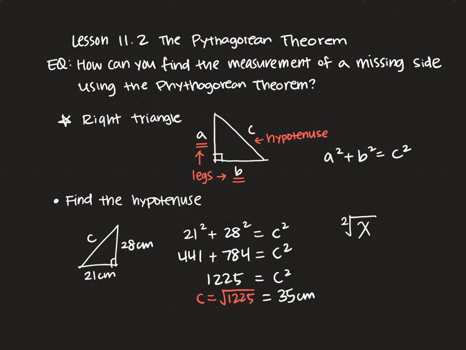So the length of the hypotenuse is 35. If you're not sure, you can always do 35 times 35 and see if it's 1,225, which is correct in this case. So I was able to find my hypotenuse using the Pythagorean theorem.